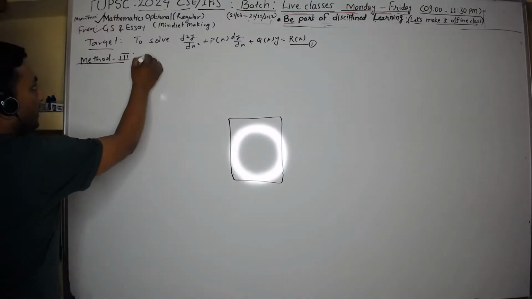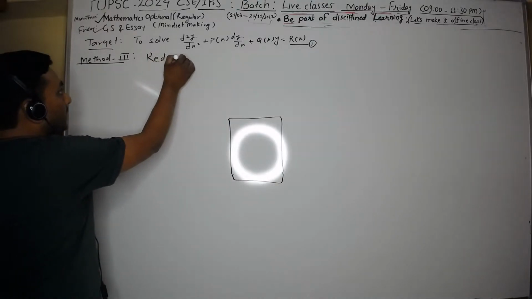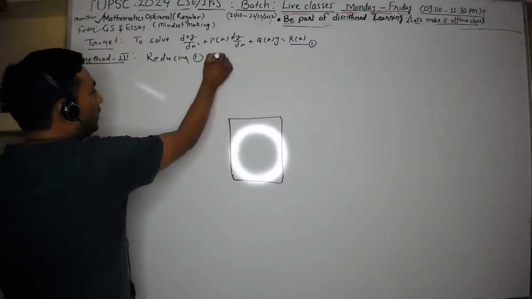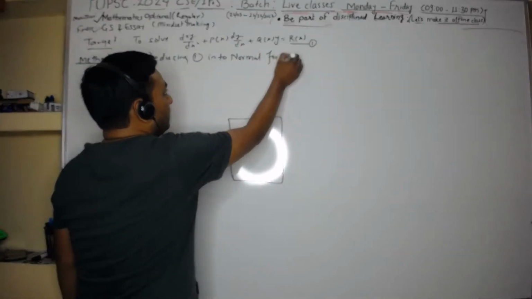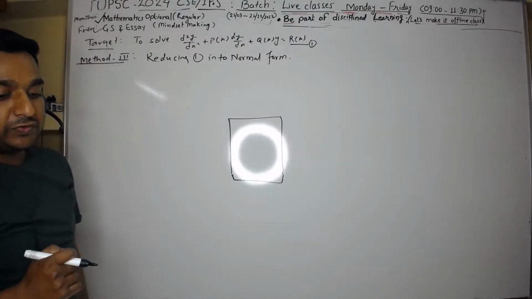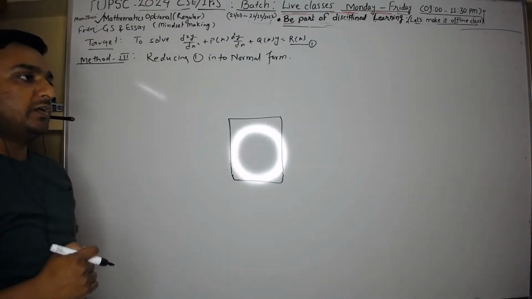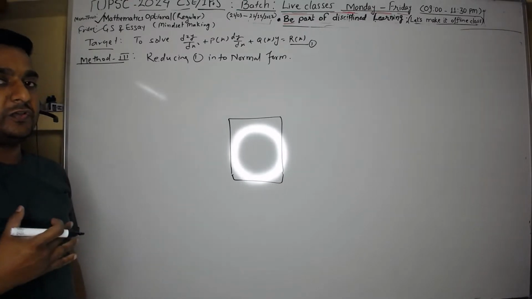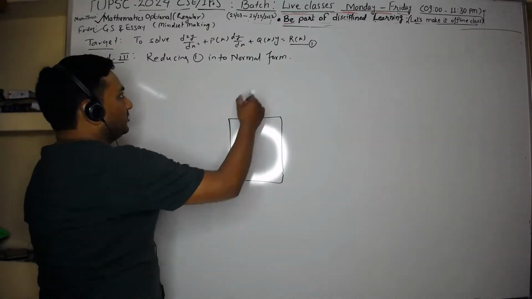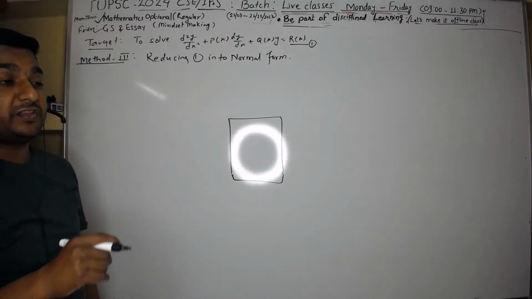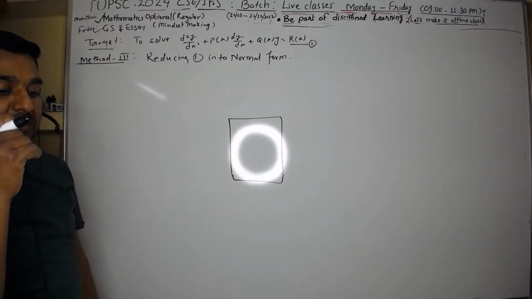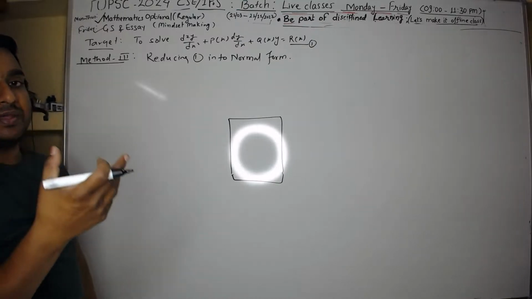The method 3 is reducing into normal form. And please focus on this method well because UPSC asks questions over this method. Yesterday also we have observed when UPSC asks questions, they specially mention that by method of variation of parameter or by method of inspection.